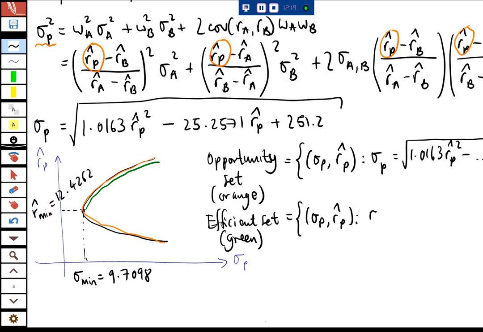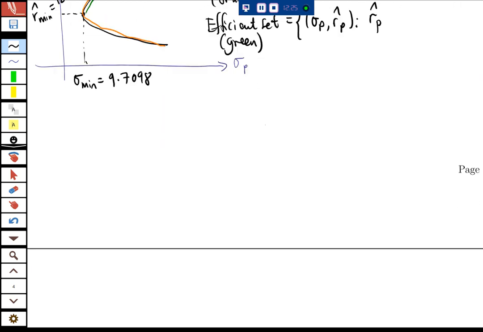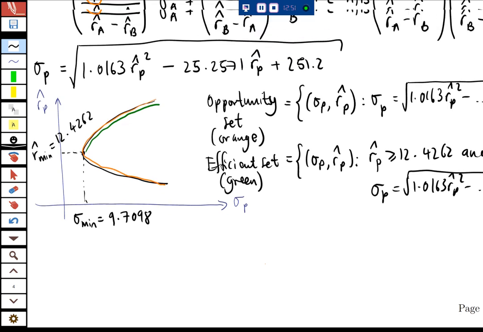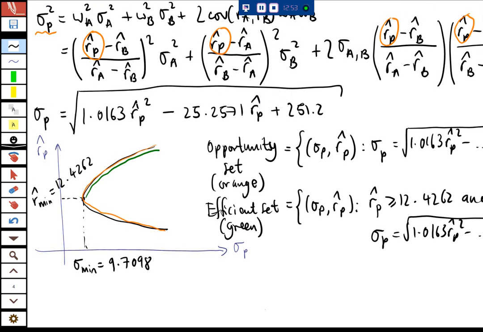The expected return on the portfolio to be greater than or equal to 12.4262, and we want all the points to be on the graph. So there you go. These are all the steps for calculating the opportunity set and the efficiency set for some portfolio.